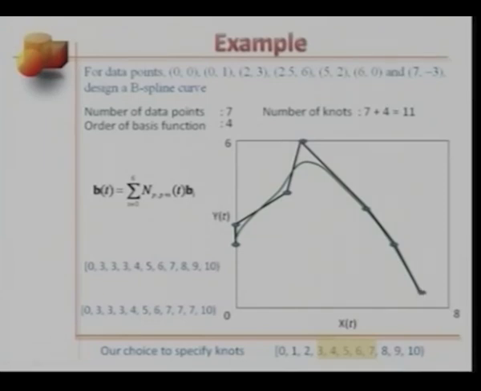What if I now make the first knot here of multiplicity 4 and the last knot as well of multiplicity 4. So we have the first knot repeated 4 times and we have the last knot as well repeated 4 times.